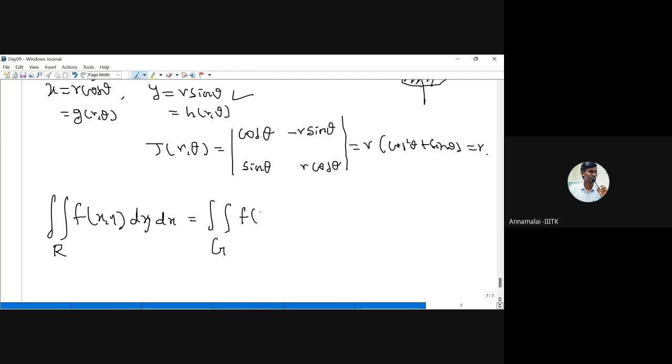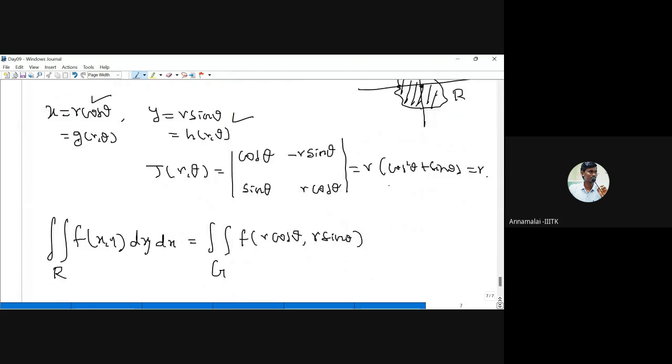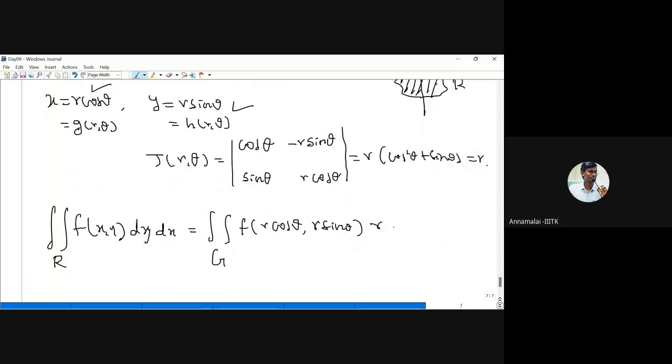So simply we can write r cos theta, because x is r cos theta and y is r sin theta, times the modulus of the Jacobian. Here the Jacobian is r, therefore r. And instead of du dv, here u is r and v is theta, therefore dr d theta. Okay, so you can change any coordinates to any other functions.